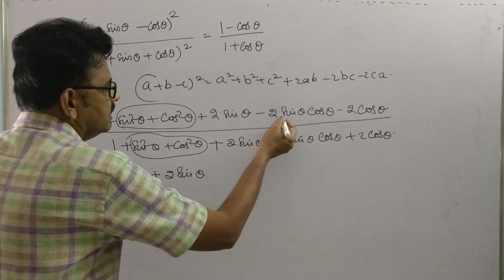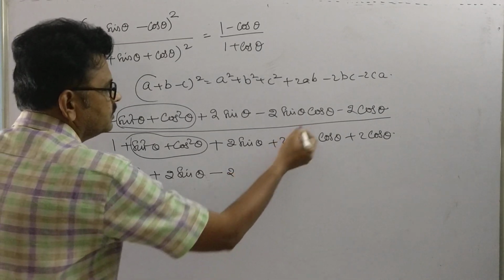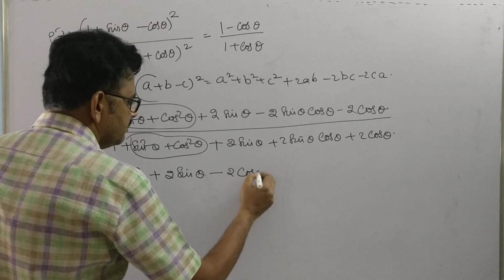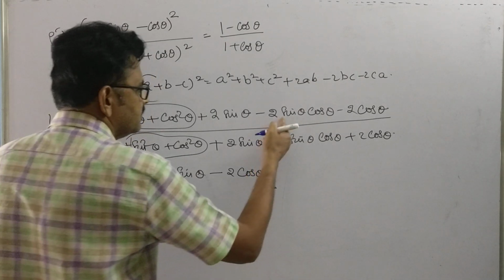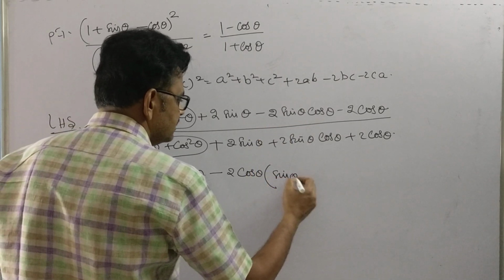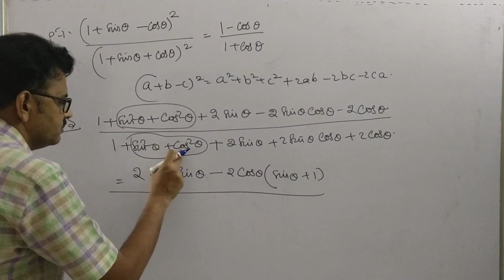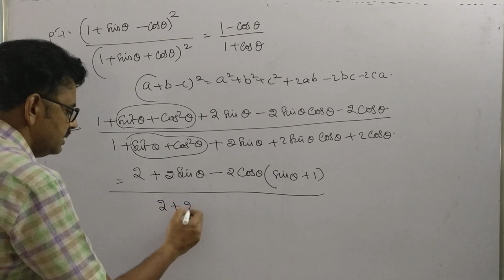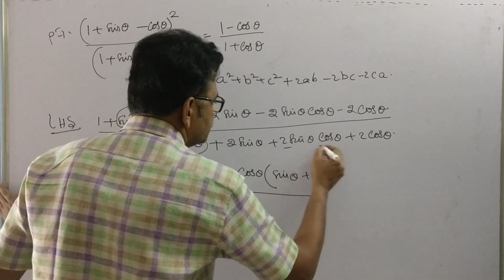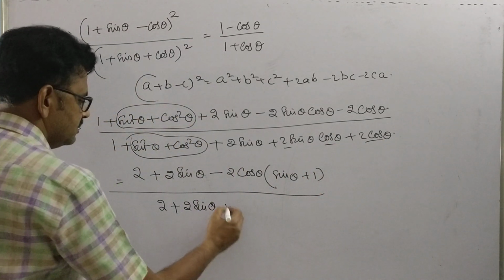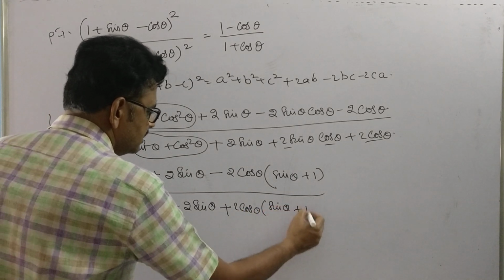So this is 2 plus 2 sin theta, and here minus, these two you can take 2 cos theta common. So this is 2 plus 2 sin theta, and again in these two, 2 cos theta is taken common, so this is sin theta plus 1.